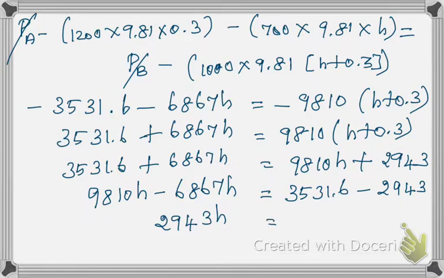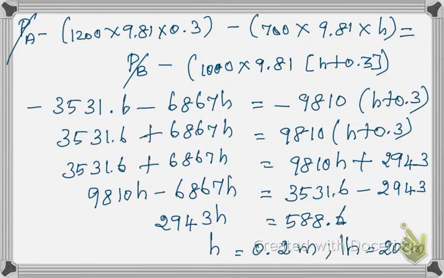So 2943H is equal to 588.6. From here I will get H equal to 0.2, and the unit will be meter, and the difference in level we will write in centimeter. So H is equal to 20 centimeter. So this is going to be my answer. Thank you. Happy learning.